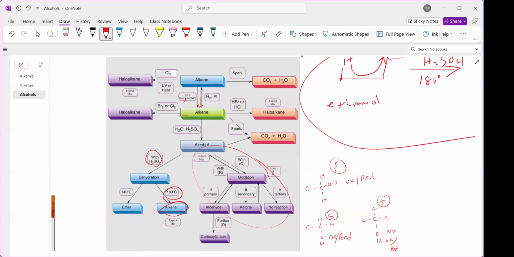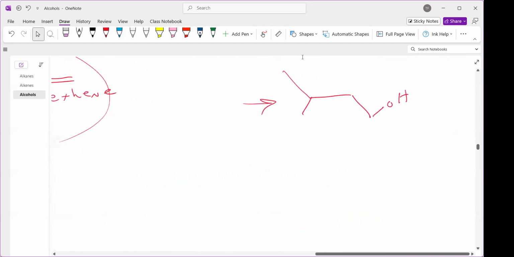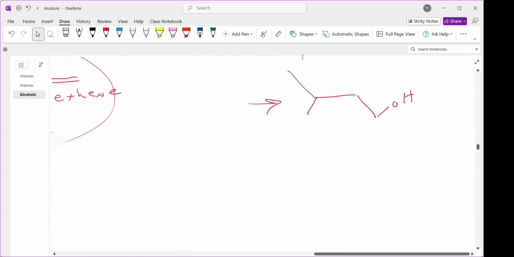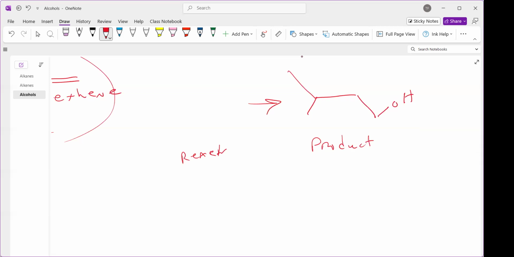So that means we're going to add an alkene to get the alcohol. So the alkene is the reactants, alcohol is the product side. So this is a product side. We want to make that. Okay, the reactant side, product side.